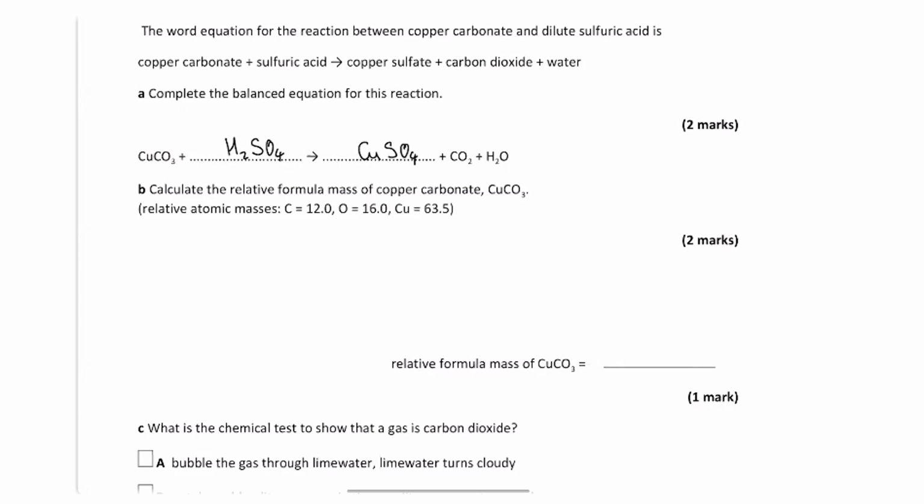is the SO4 bit. Now, there is an important point I want to make about this. When you're writing down your numbers, please make sure they are the right size. Here, in this sulfate ion, my 4 is the same size as my letters.